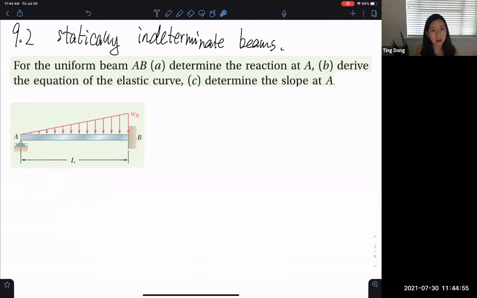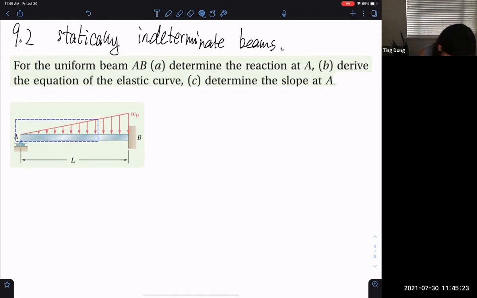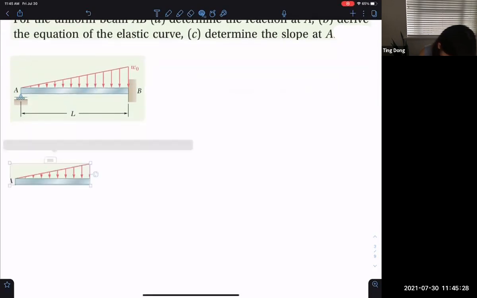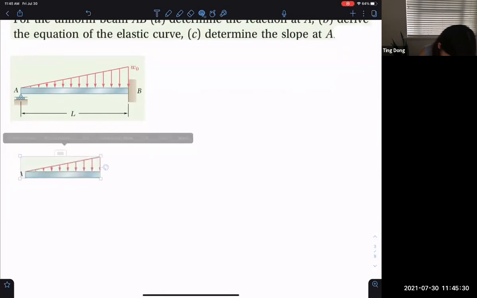Then the basic procedure is the same. Previously we did tension, compression, torsion, and now we are doing bending. So for this one, again, we need to do the free body diagram and the equilibrium equation. Let's imagine we cut through a random point, and we do the free body diagram.